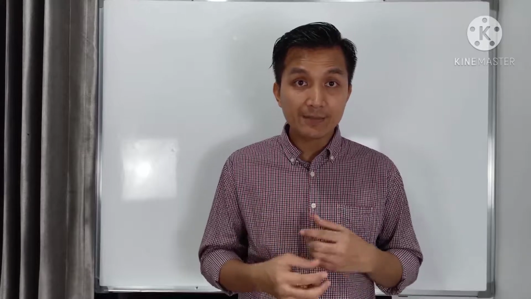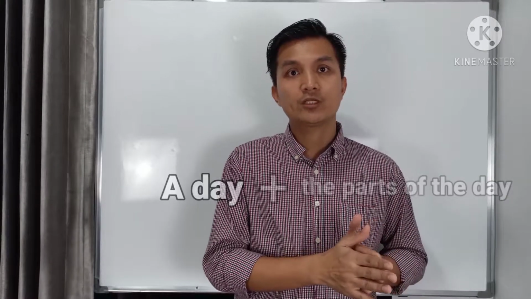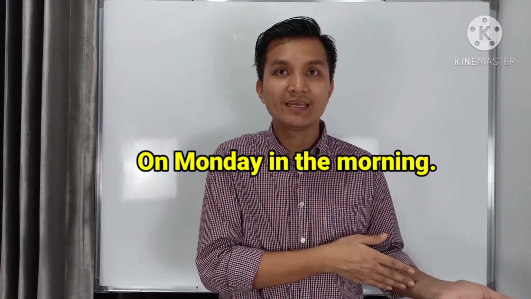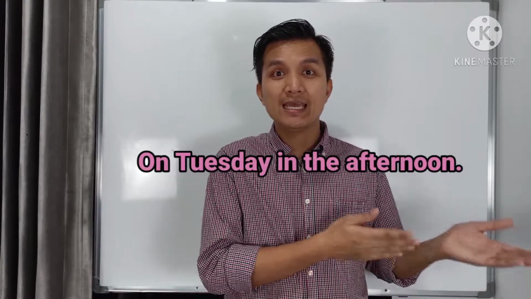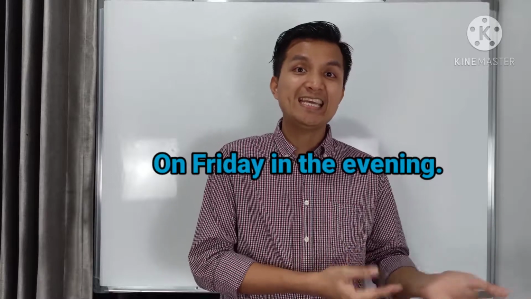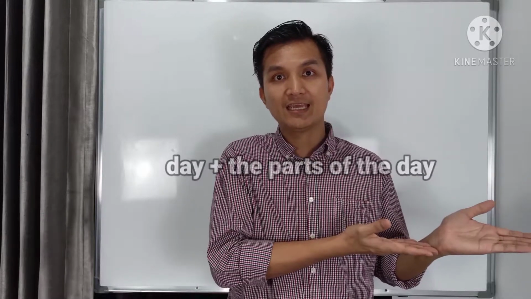Or we are talking about a day plus the parts of the day. For example, on Monday in the morning. You can say that. Or you can say on Tuesday in the afternoon. Or on Friday in the evening. So that's day plus parts of the day.